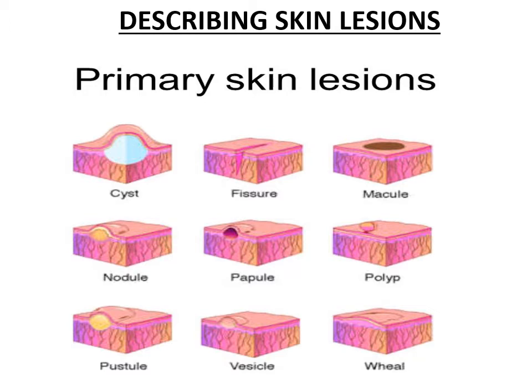A pustule is again raised above the level of the skin, but it's pustular, meaning there's pus inside. Okay, or for example, a whitehead from acne. Well, that would be pustular, right? Because it would have pus within it. A vesicle, well, they're small, fluid-filled structures.